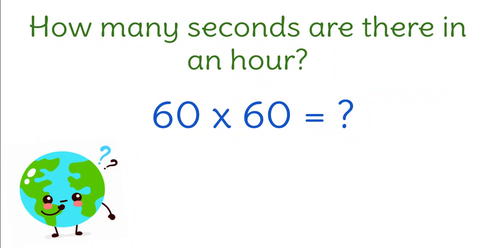So let's think about, what number facts do we know that can make this question a little bit easier to answer? Have a think about the number facts that you might know from looking at this number sentence. Give me a pause here and write down what you think we could do to make this easier.